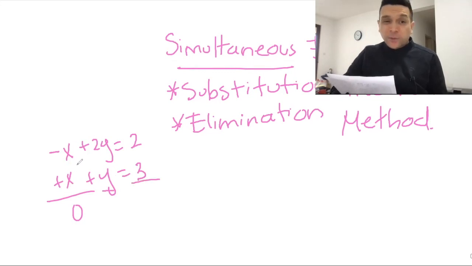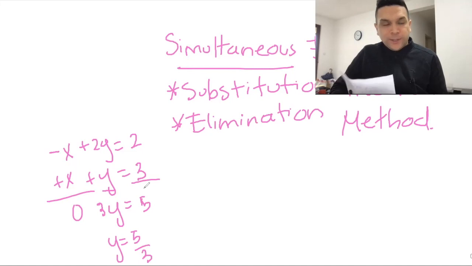So I cancel x. This would be 3x, and this would be 2 plus 3 equals 5. So y equals 5/3, right? And then we just take this and plug it in one of these two equations to find y, right? So that's how you eliminate.